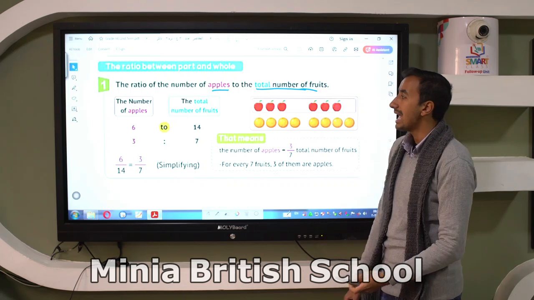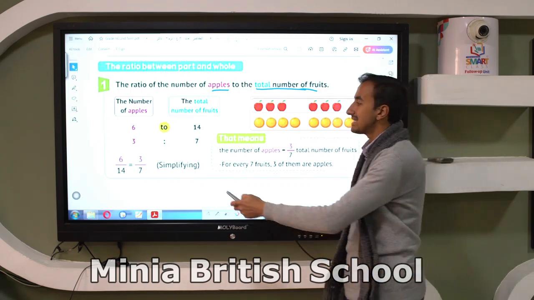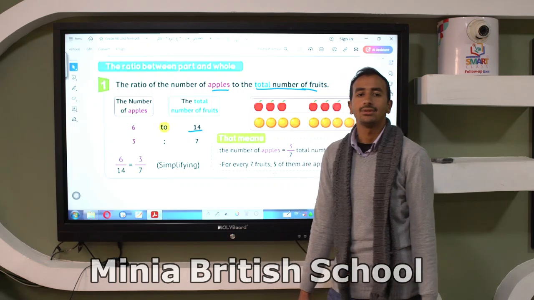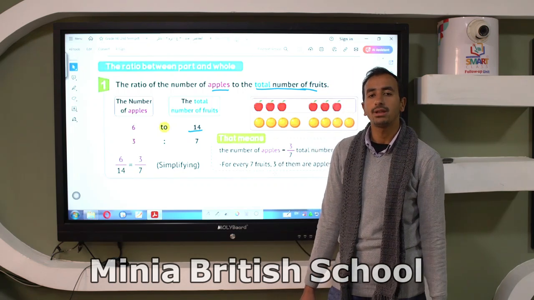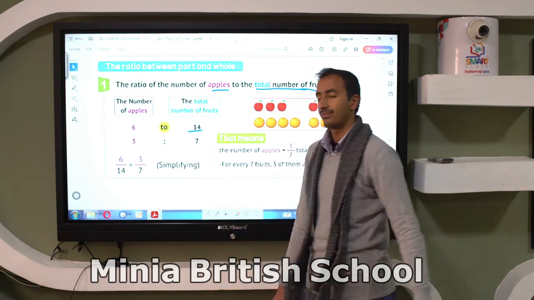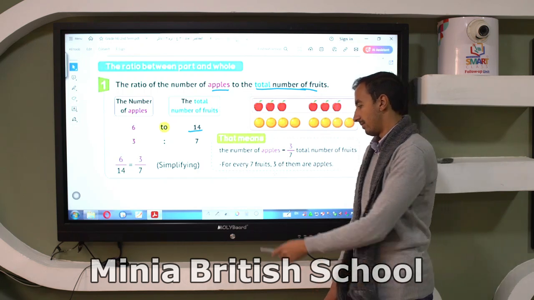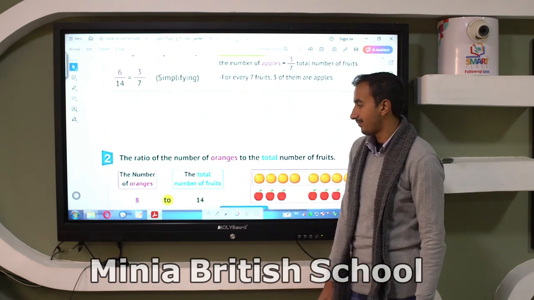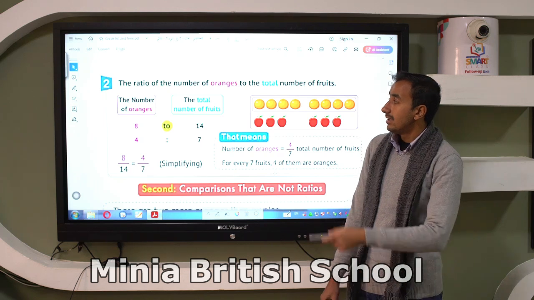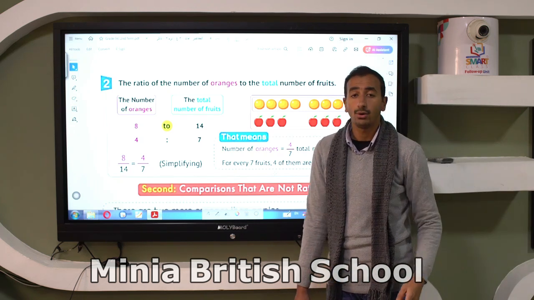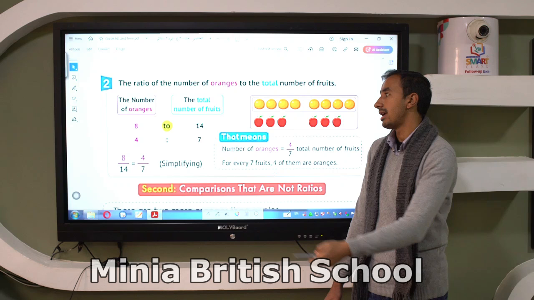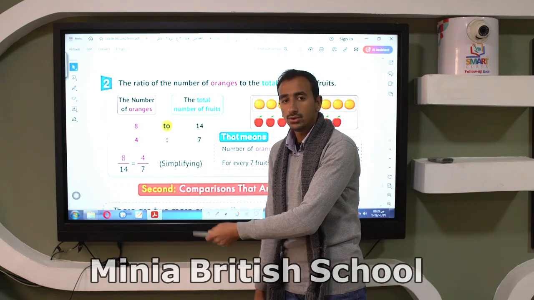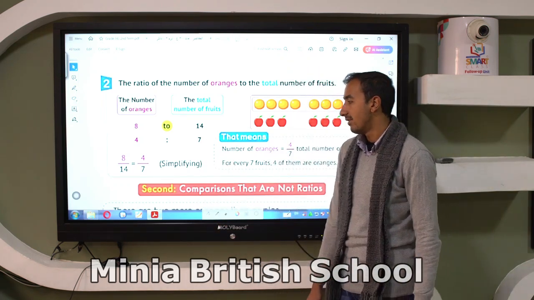So the ratio of apples to the total is 6 to 14, and you can simplify it by dividing by 2, giving 3 to 7 in the simplest form. The ratio of oranges to the total is 8 to 14 or 4 to 7 in the simplest form.